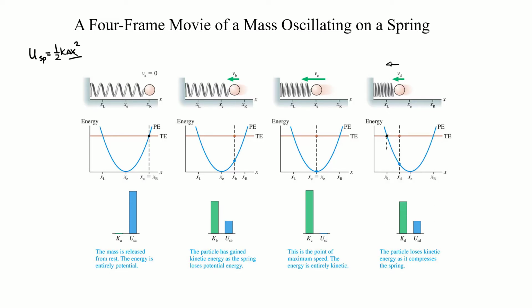Right here, when it gets all the way over to xL, all of that energy is in the potential energy. This potential energy plot intersects this total energy plot, and that defines our turning point. So we know that this mass is going to go back and forth between xL and xR, those 2 points that it intersects, right?